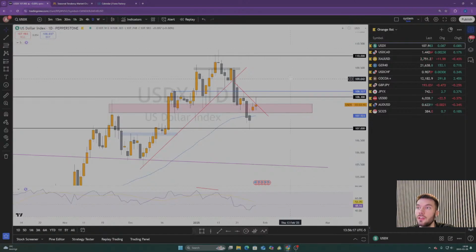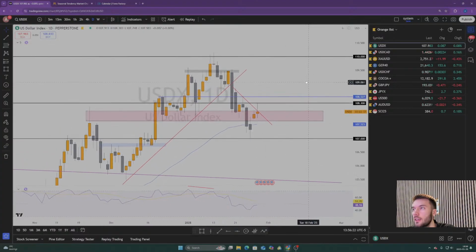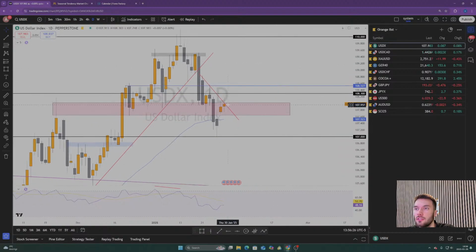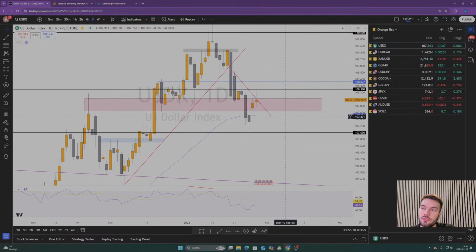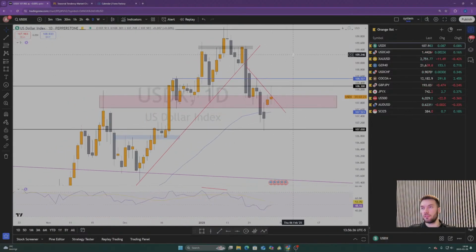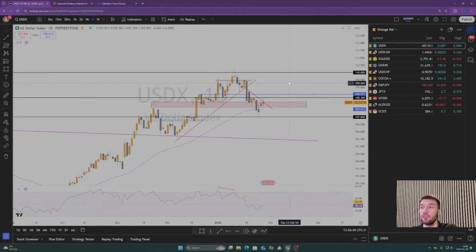So the optimal thing here would be to get a bearish engulfing candle to just eat up these two, fill up this, and just send price at this level. That would be the optimal scenario for me, and that's what I'm basically calling for.